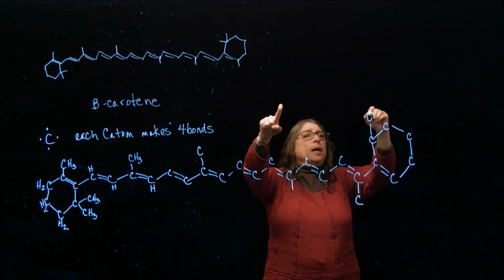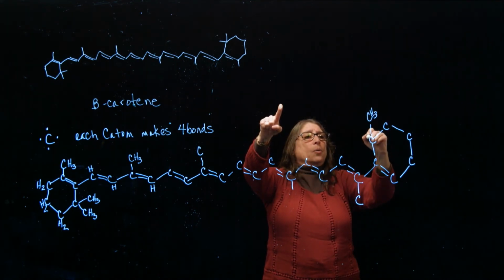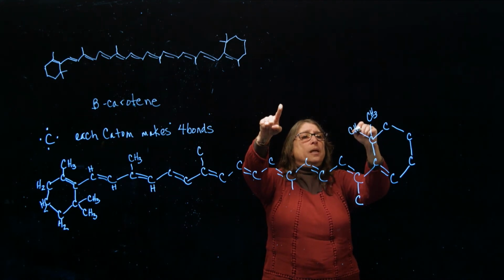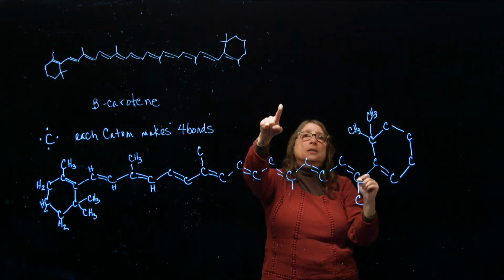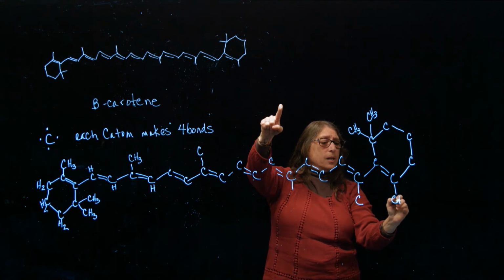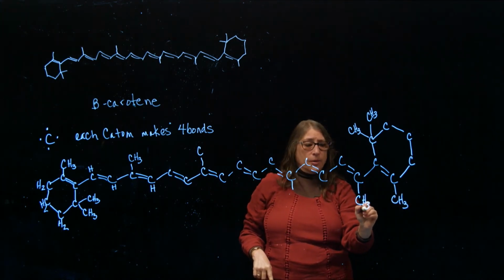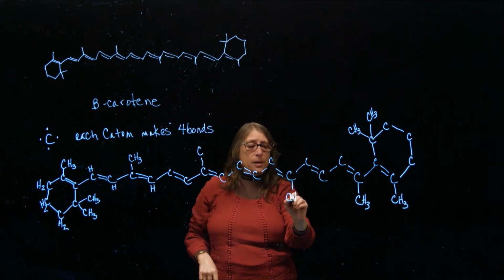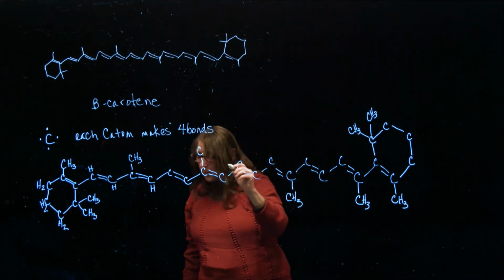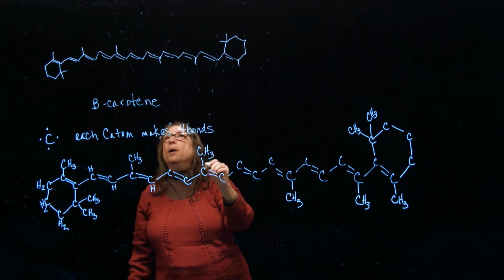So this one has methyl groups. That's what the CH3 is called. There's another one down here. This one is a methyl group. This one is a methyl group. This is a methyl group.